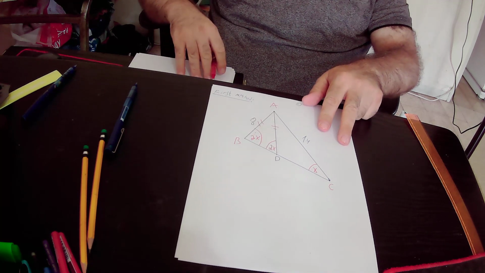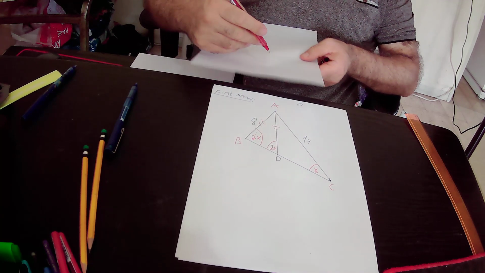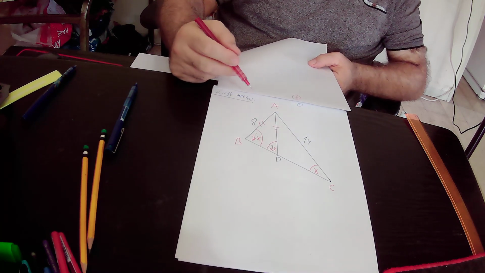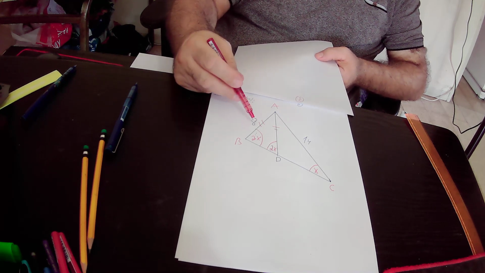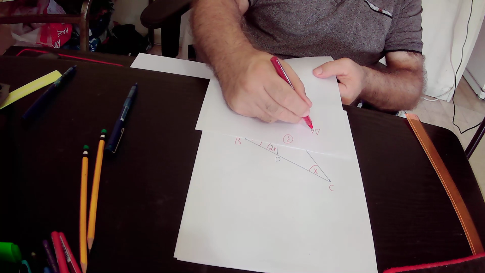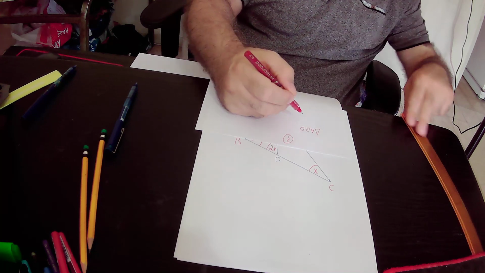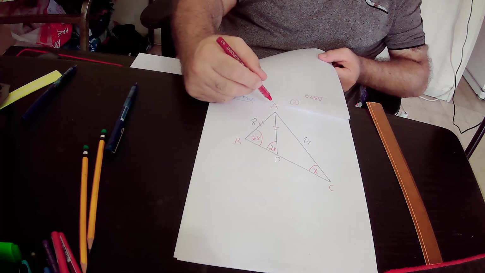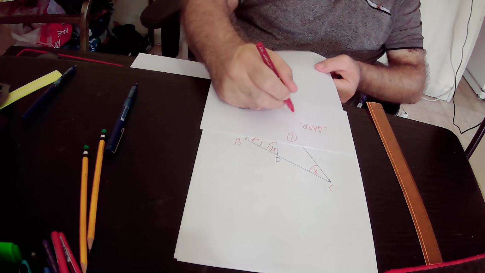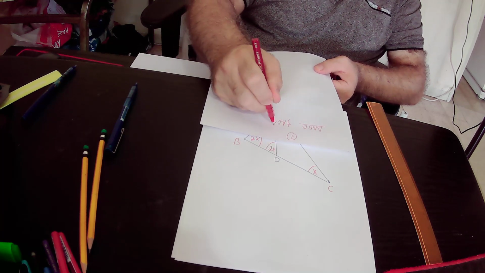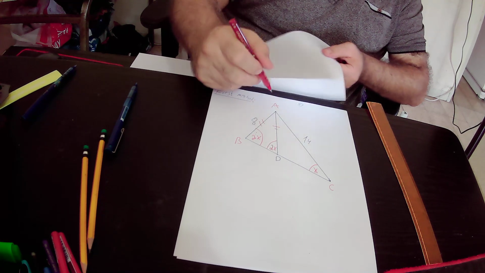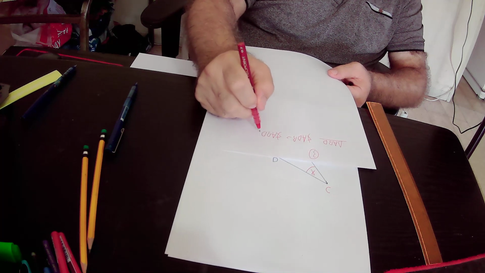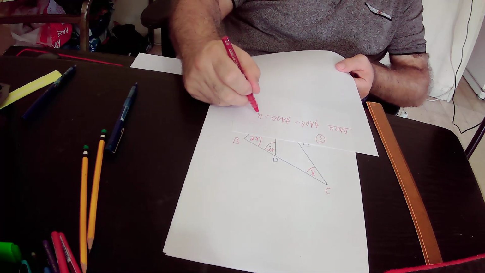Okay, so according to rule number 1, because in triangle ABD we have two angles that are equal to each other, angle ADB equals angle ABD, and both those two angles equal 2x.